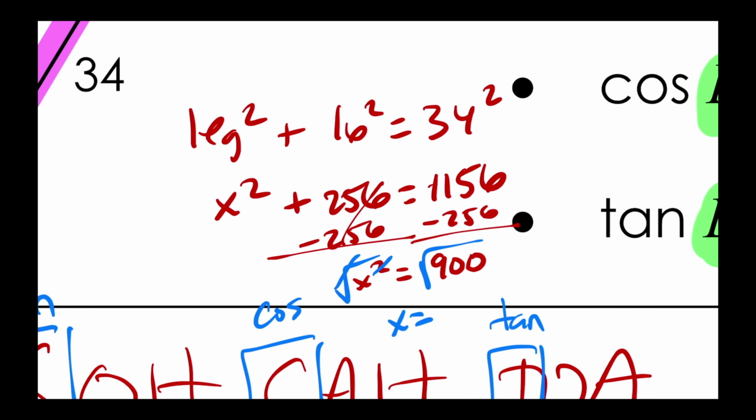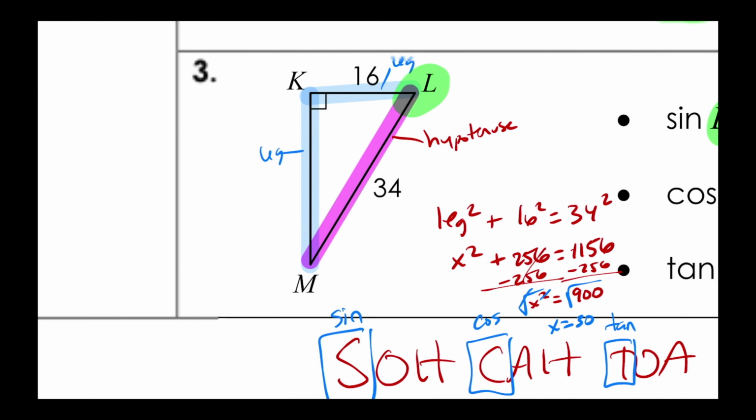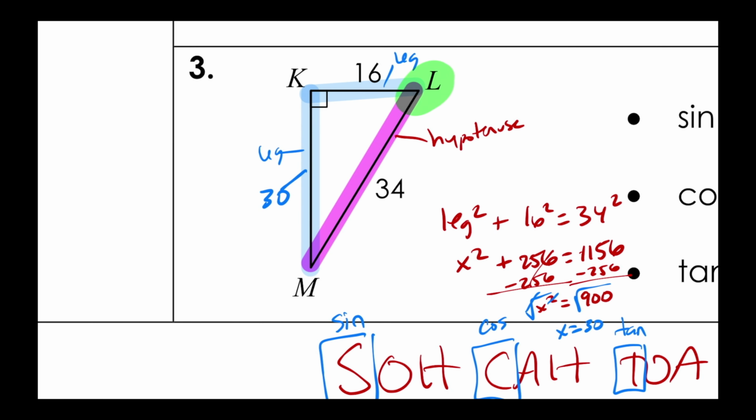What's the square root of 900? 21. No, it's not 21. You're close, though. What's the square root of 900? Come on, guys. I need you to do some work. You were fast in the 256. What's the square root of 900? 30. Thank you. So that means this leg right here is 30.